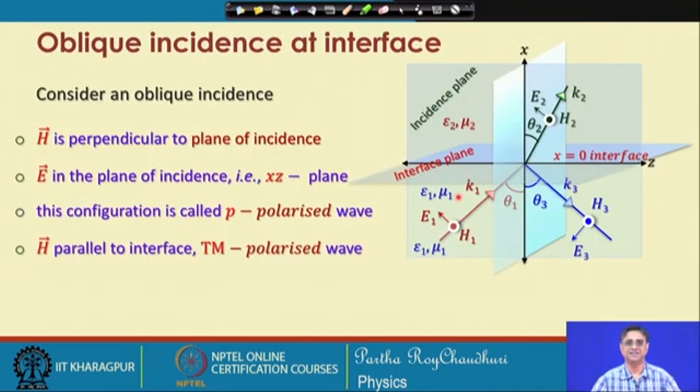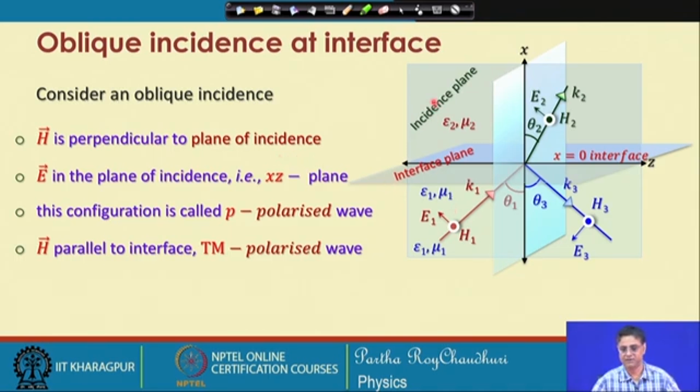So, let us first consider oblique incidence at the interface. Look at this figure. You have a wave which is incident at the interface and it gets reflected, part of the wave is transmitted. Let us consider that the magnetic fields are perpendicular to the plane of incidence.